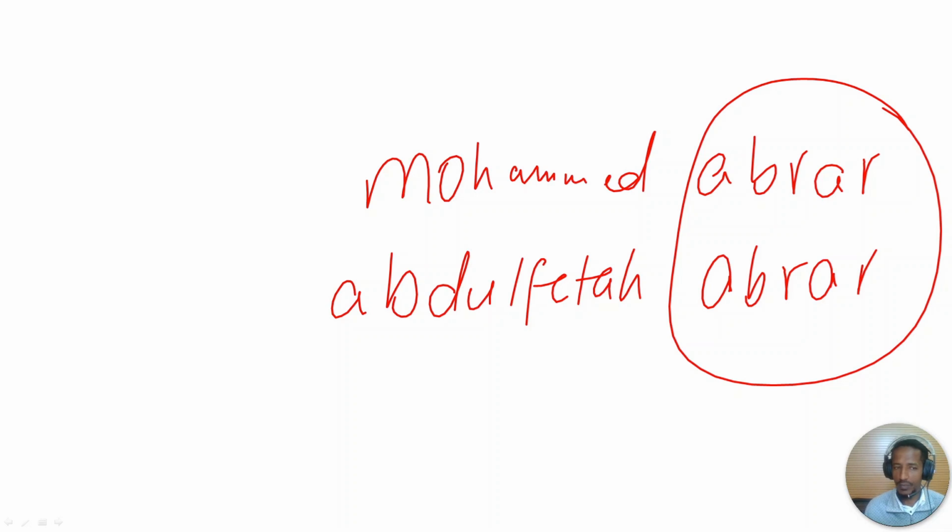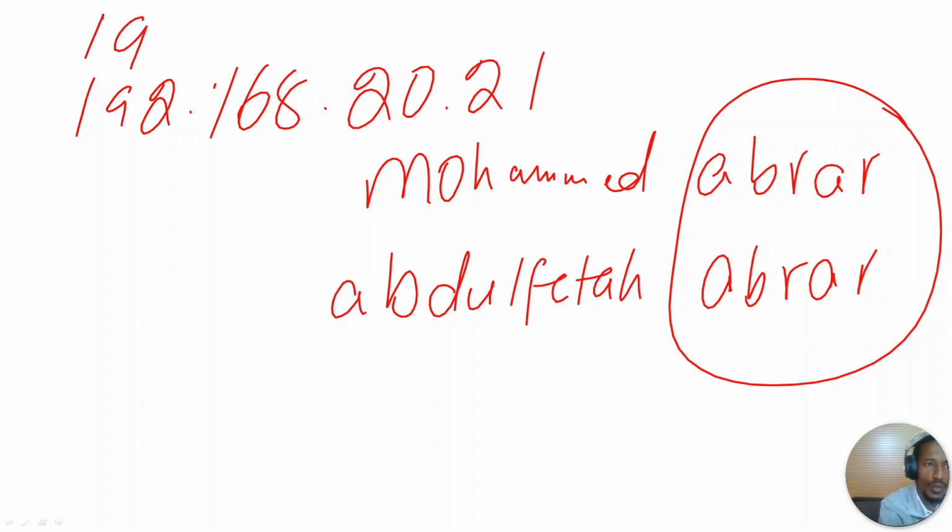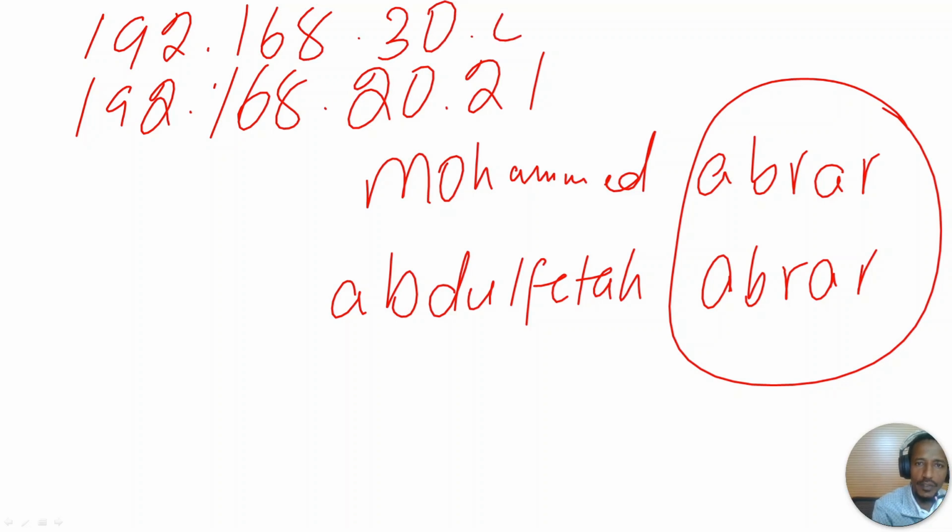Let's take an example: 192.168.20.21 and 192.168.30.45. Just like the analogy of Muhammad and Abdul Fattah being brothers, by looking at these numbers we can say whether these two PCs are in the same network or in a different network.